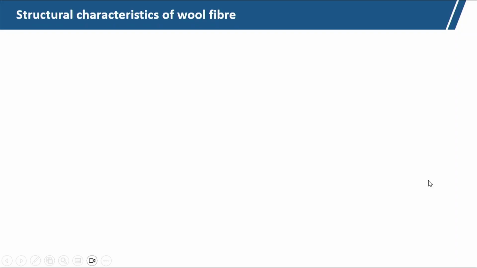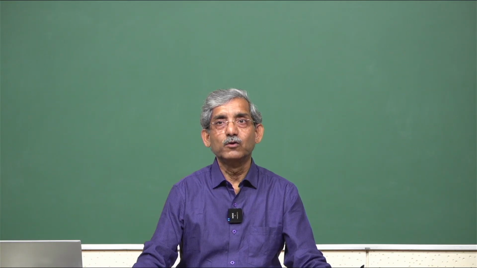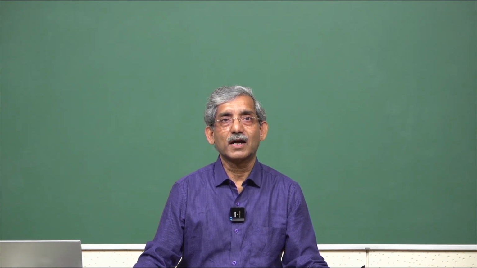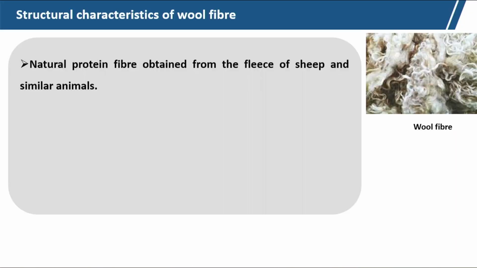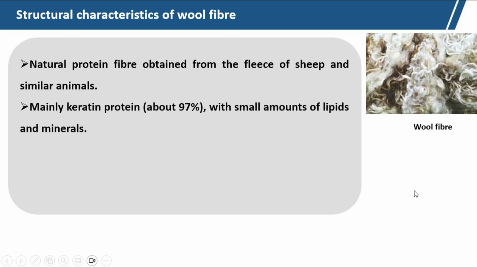Now, another staple fiber which is wool fiber. Now, the structural characteristics of wool fiber, if we see here: it is a natural protein fiber obtained from the fleece of sheep and similar animals. So, it is basically a protein fiber, mainly keratin protein, about 97%, with a small amount of lipid and minerals.